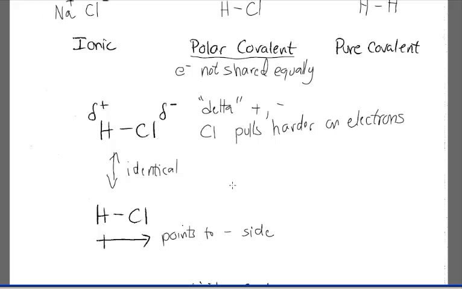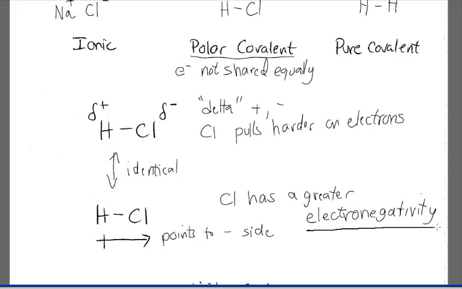And we say that chlorine, since it pulls harder, has a greater electronegativity. That means it pulls harder on the electrons.